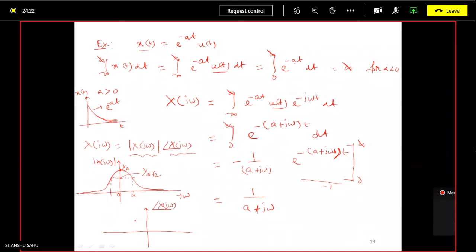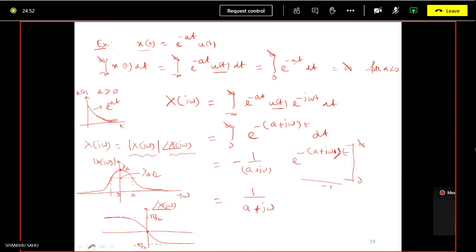Here it will go in an antisymmetric fashion. It will go on like this, and at a certain point it will go on decreasing. So it looks like this. The saturation level will be at pi by 2, and on this side it is minus pi by 2.